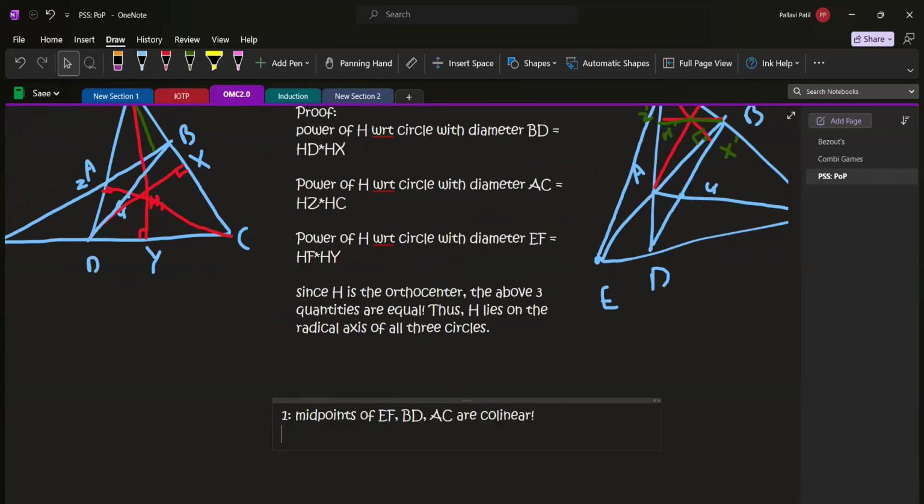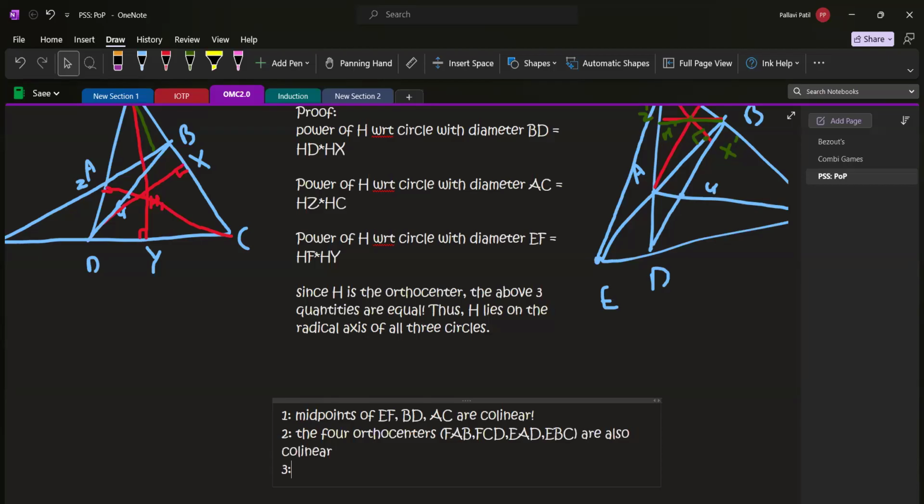The second nice result we get is the four orthocenters of FAB, FCD, EAD, and EBC are also collinear.